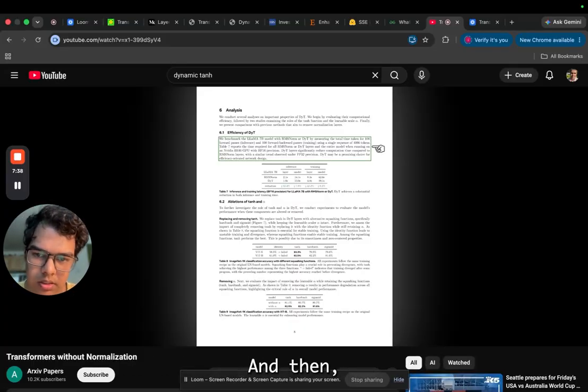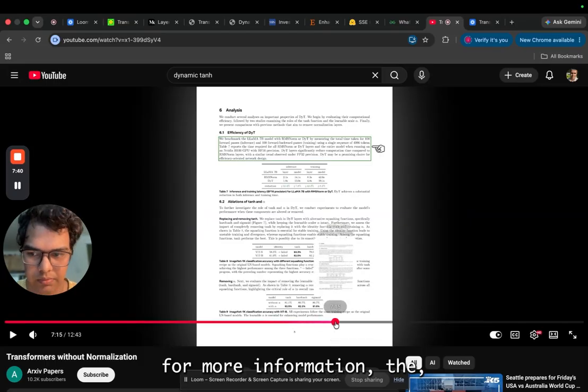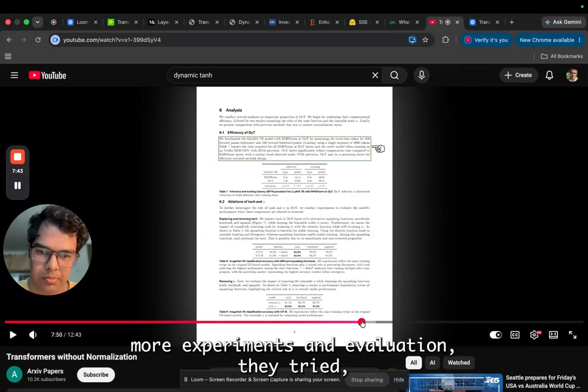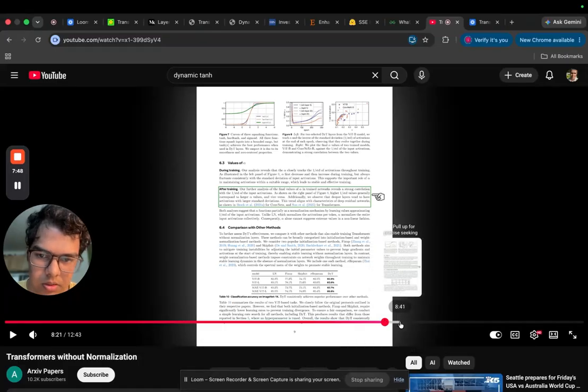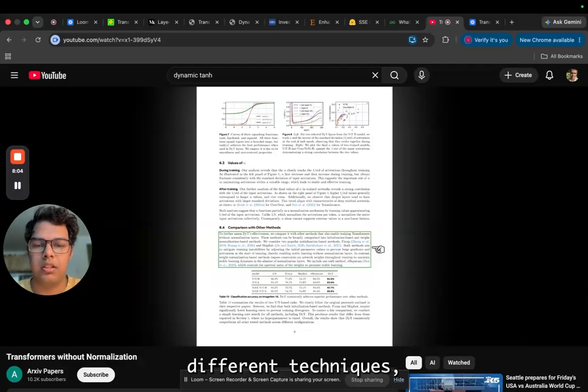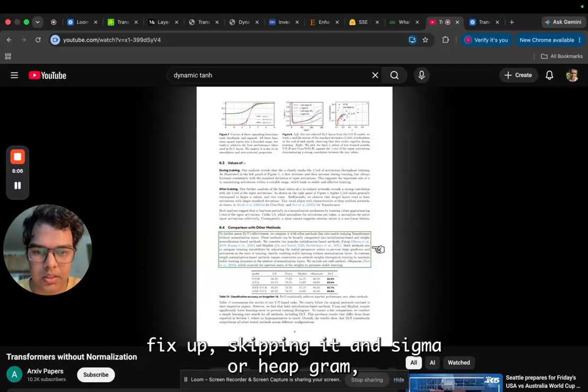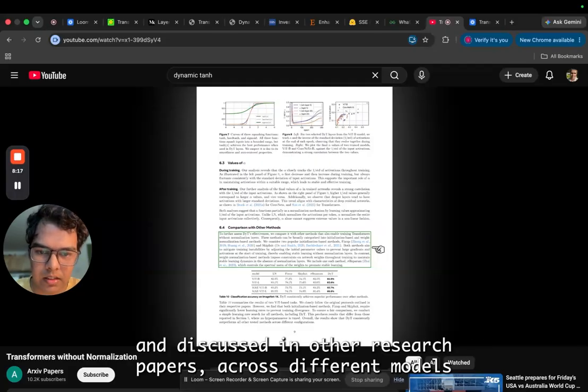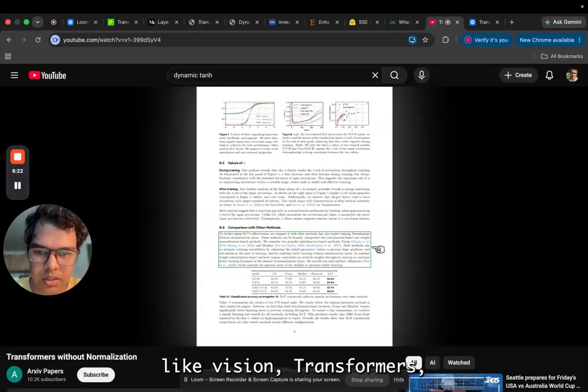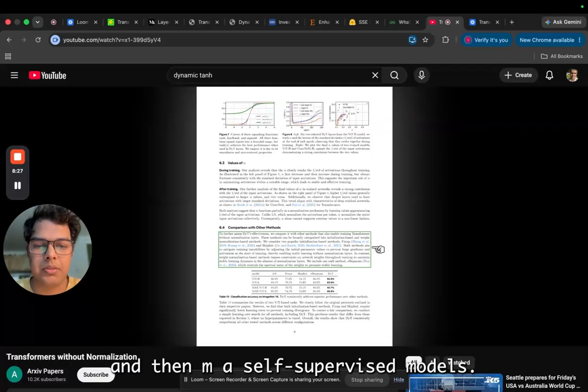For more experiments and evaluation, they tried other techniques like Fixup, SkipInit, and Sigma Reparam, which are different normalization techniques discussed in other research papers, across different models like vision transformers and MAE self-supervised models.